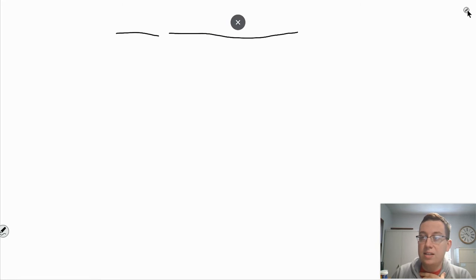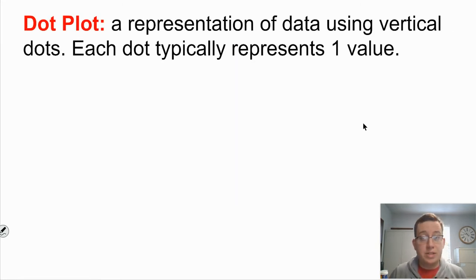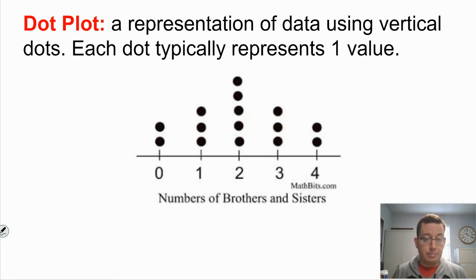So let's take a look at what a dot plot is. A dot plot is a visual representation of data using vertical dots, and each dot typically represents one value. Let me show you an example so you know what I'm talking about.